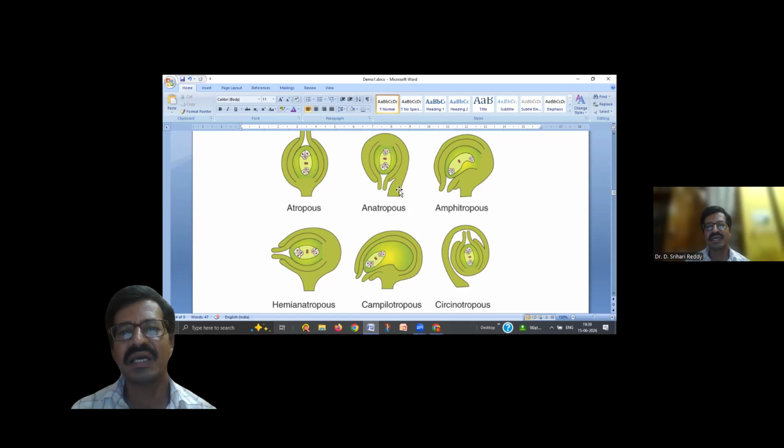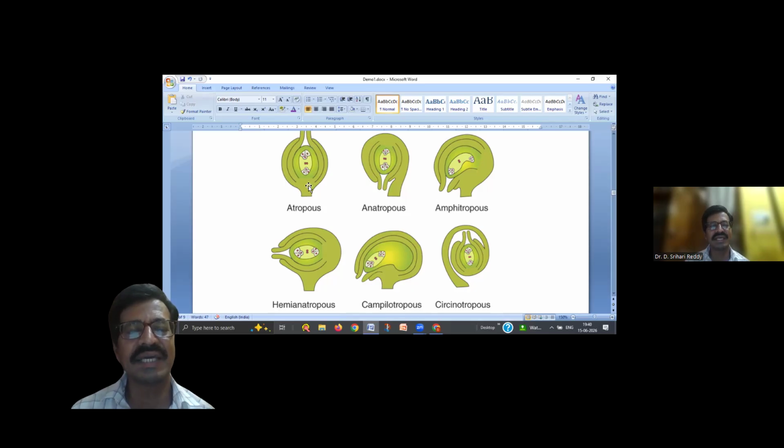In the amphitropous, it might be a little closer, and in the campylotropous also it is closer. But in the anatropous ovule, the ovule body is in an inverted position. In the atropous ovule, it is straight.